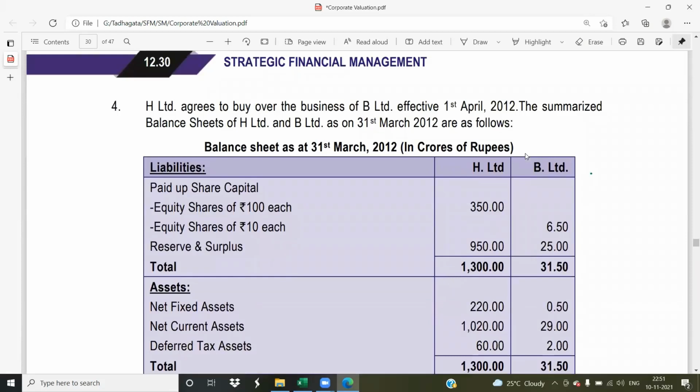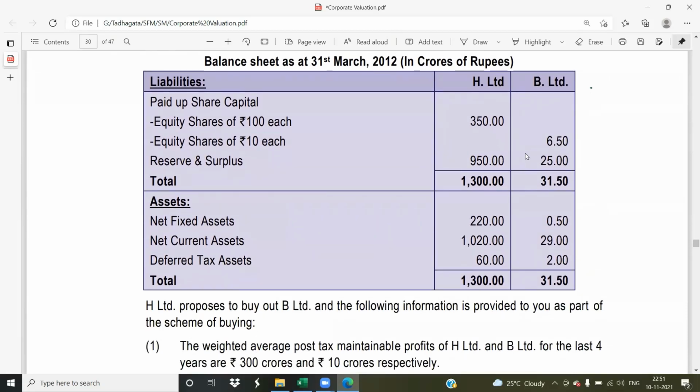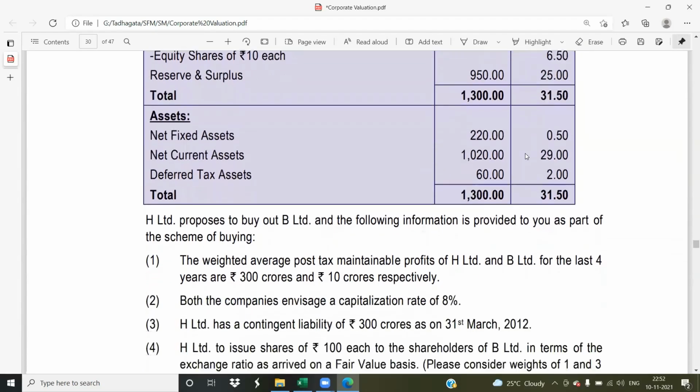So let's go to the question. What is given? There's a company H Limited that agrees to buy B Limited, and the balance sheets of both the companies as on 31st March 2012 are given. Let's go to the balance sheet. Equity shares and reserves and surplus are given, and on the asset side, fixed assets, current assets and deferred tax assets are given.